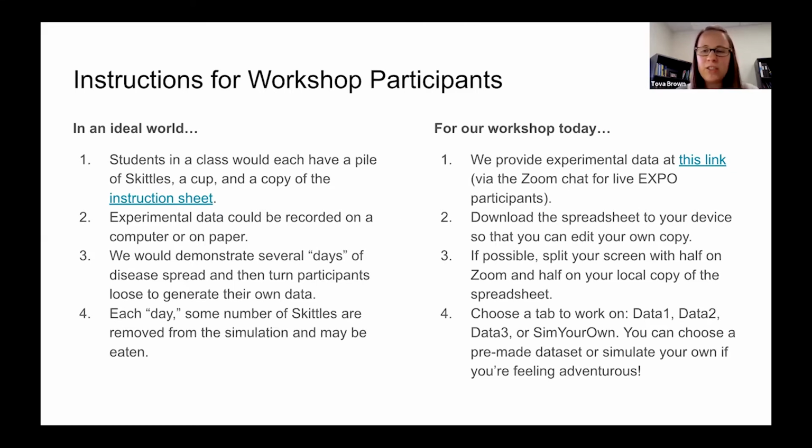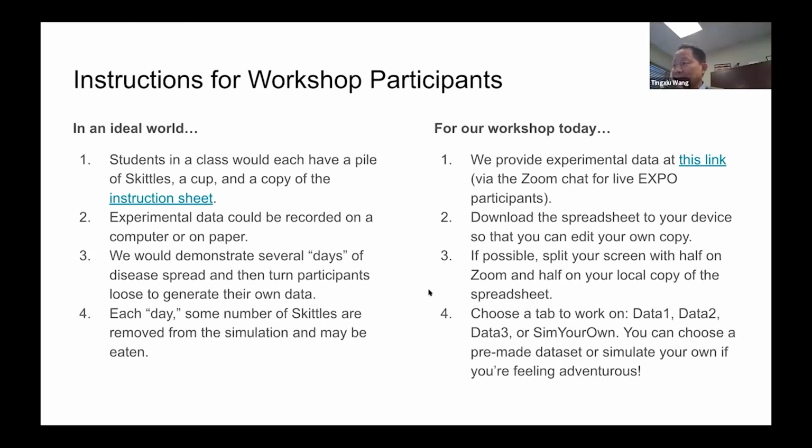And if you can, exit the full screen nature of Zoom so that you can split your screen, half Zoom and half your local copy of the spreadsheet. You'll see our shared slides and the portion that we're all walking through together, and half on the spreadsheet so that you can be editing it as we go and seeing your own data, your own epidemic take shape.